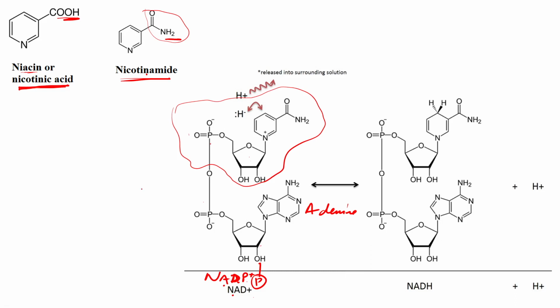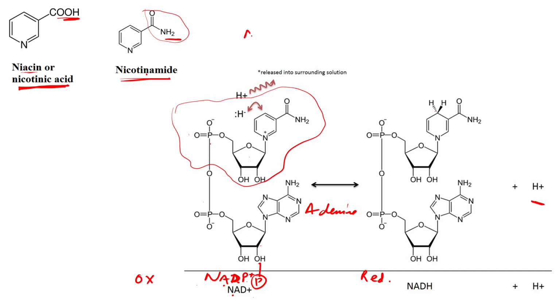NAD plus is the oxidized form and NADH is the reduced form. Here we have one extra hydrogen attached, the plus charge is neutralized by conjugation, and one H plus is released. So NADH plus H plus.